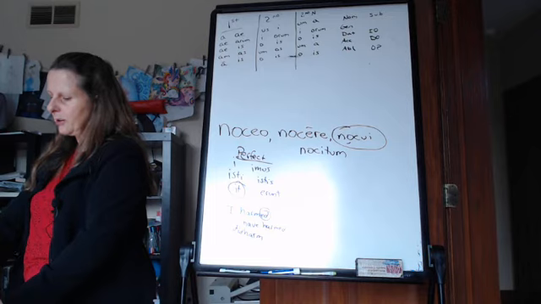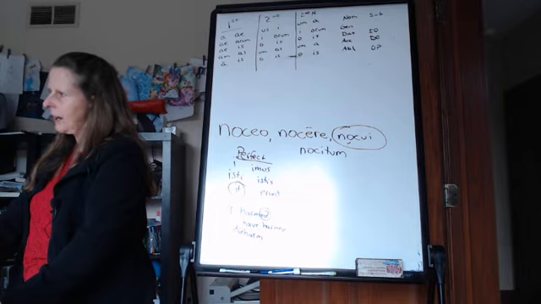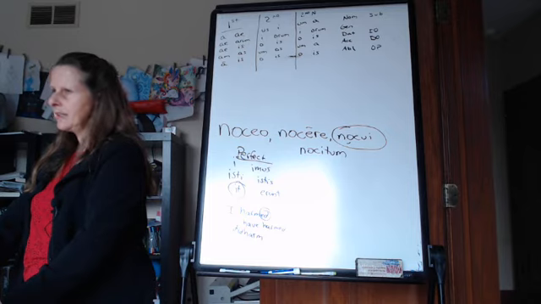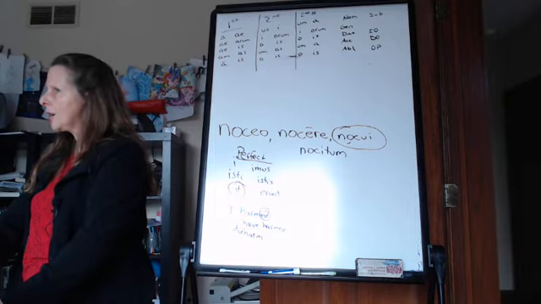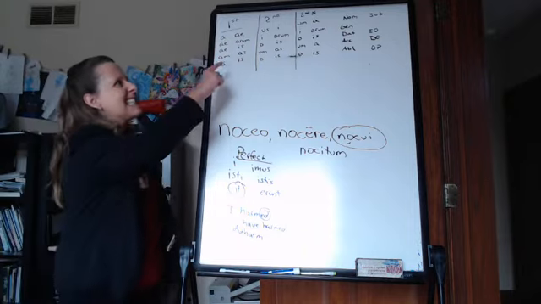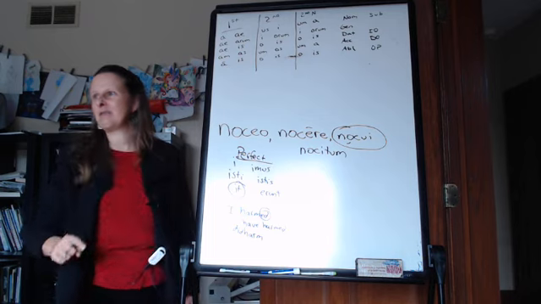And look at the word nocio and look in the parentheses. Plus dative object. Do you see that? And you might say, what the heck does that mean? Plus dative object. It means this. Whenever you use the word harm, the person who gets harmed is dative instead of accusative.